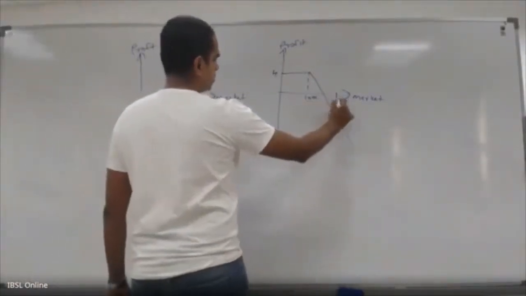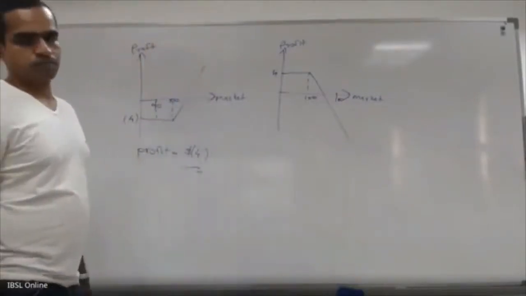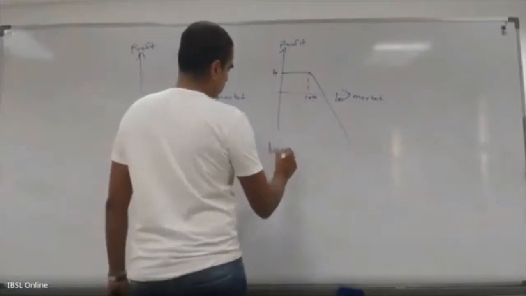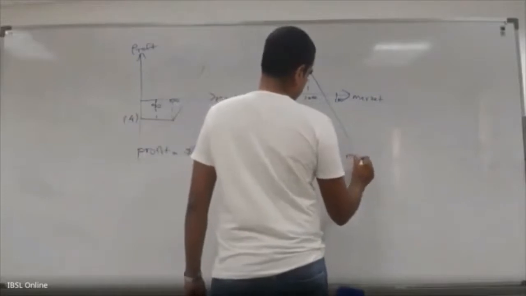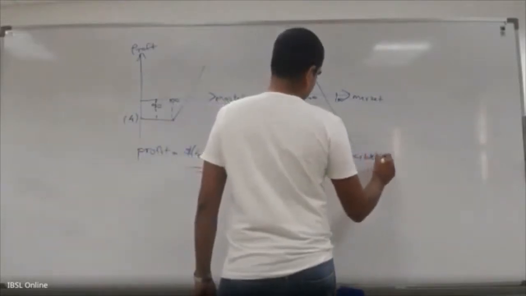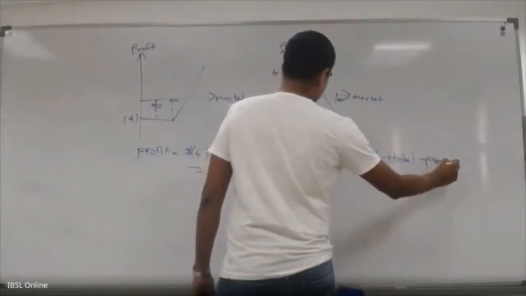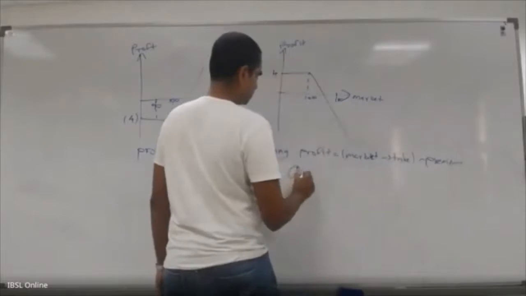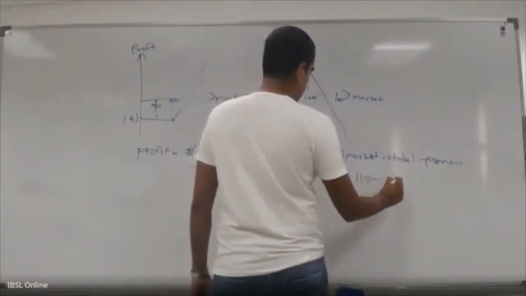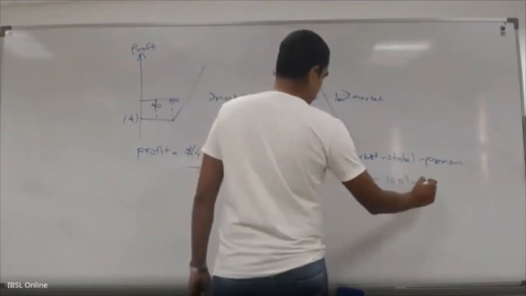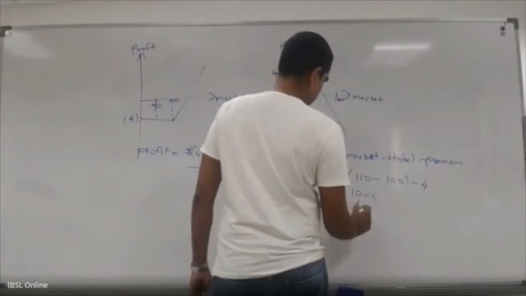That's it, it's in the money. So if you're long, your profit will be market minus strike minus the premium. Profit will be market 110 minus strike 100 minus the premium 4. 10 minus 4, $6.